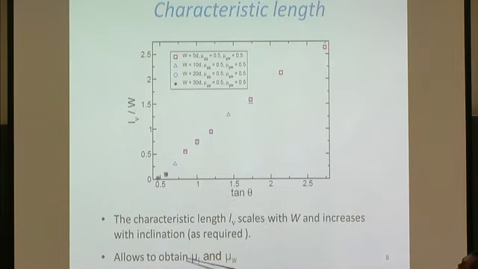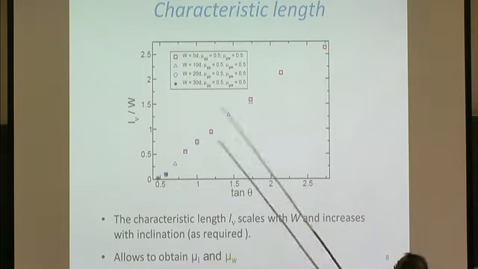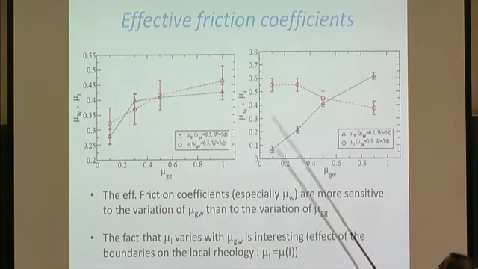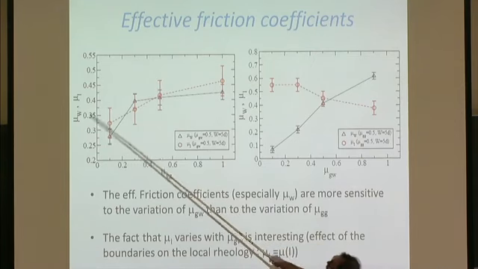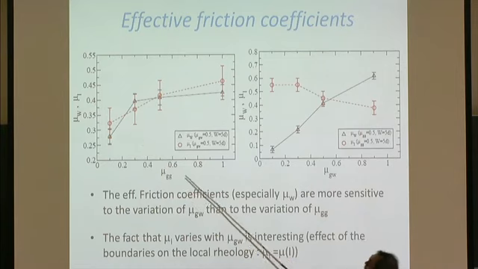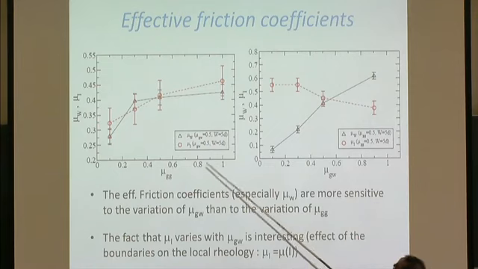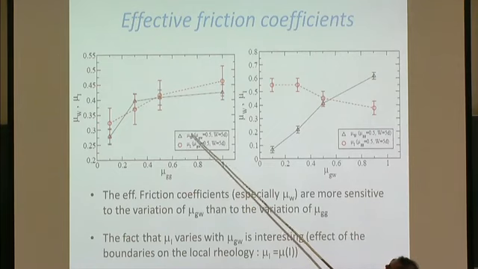So it allows us to get these two effective friction coefficients. As I mentioned before, we only need to calculate the slope and the intercept. And we can look at the variation of these two friction coefficients with the parameters of the simulations, for example, with the friction between grains and with the friction between the grains and the wall. Here in red is the internal friction, and in black is the friction with the wall.